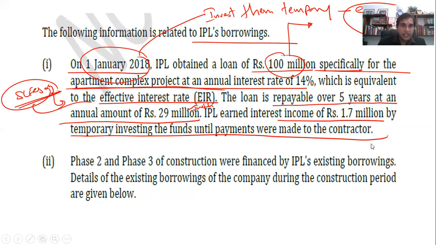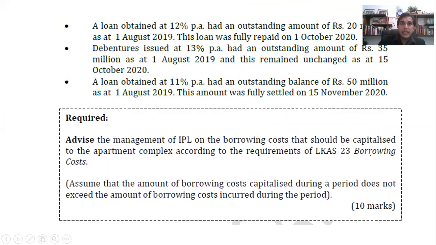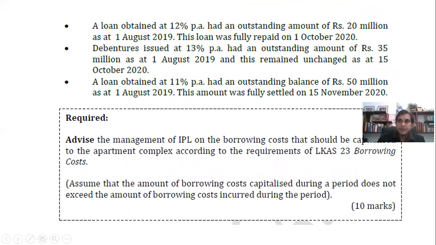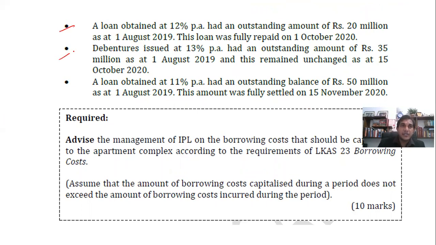Then the second part, phase 2 and phase 3, the construction was financed by IPL's existing borrowings. That means the existing pool. Details of existing borrowings of the company during the construction period are given below. This is a loan pool. There are basically 3 types of loans.